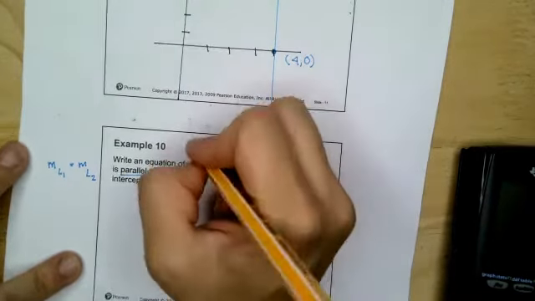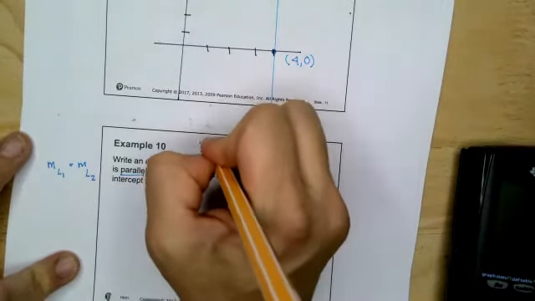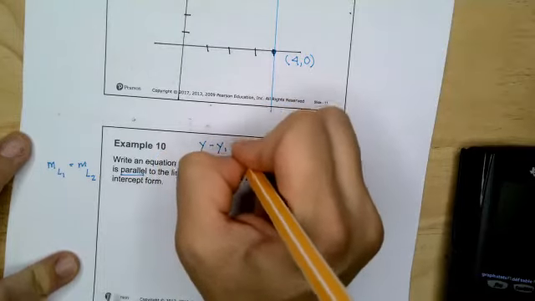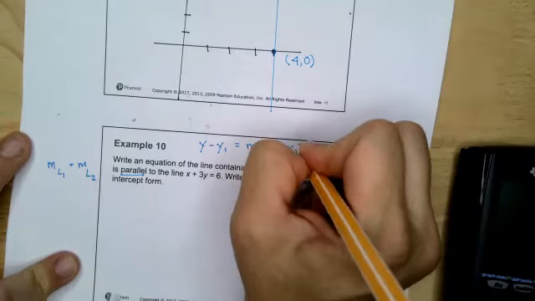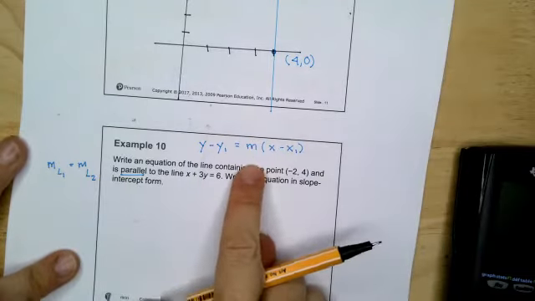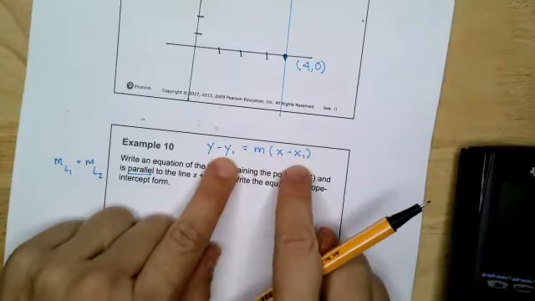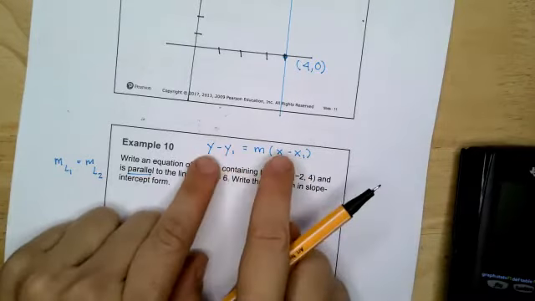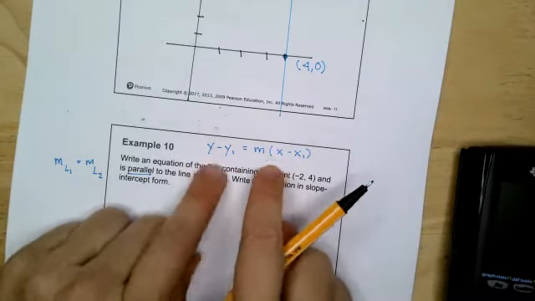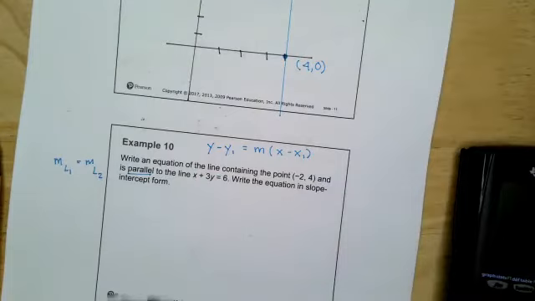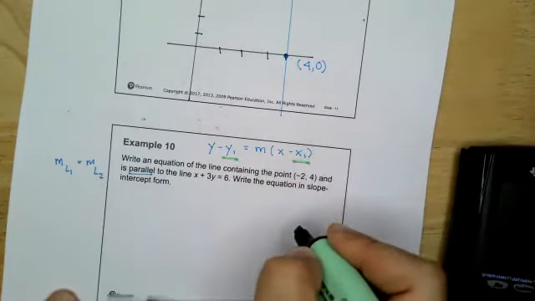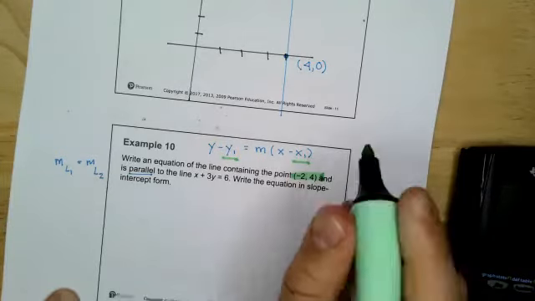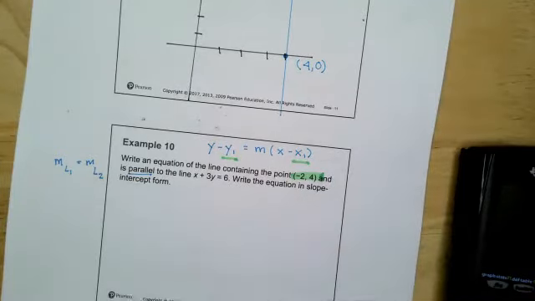For these problems, it's important to know this formula, okay? You don't need to know the name of it. You just need to know that this is one point, and this is the slope, and that these two remain in the equation. So to solve this, you need to be able to find a y value, the x value that goes with it, and you need to be able to find a slope, okay?